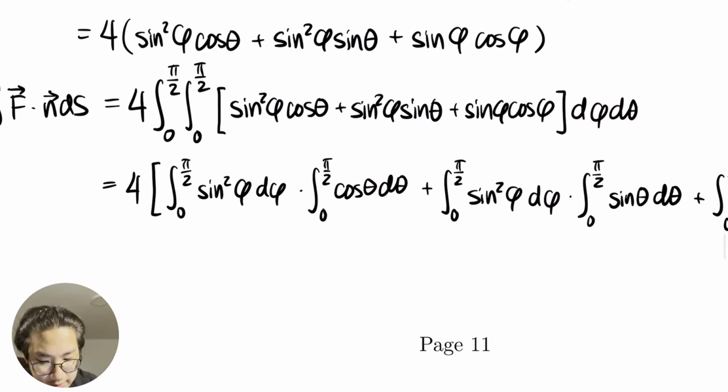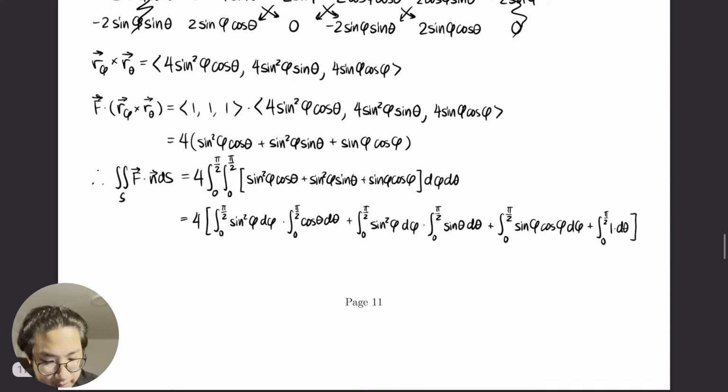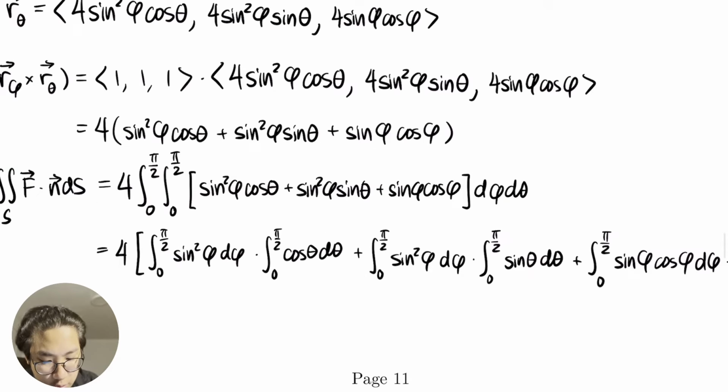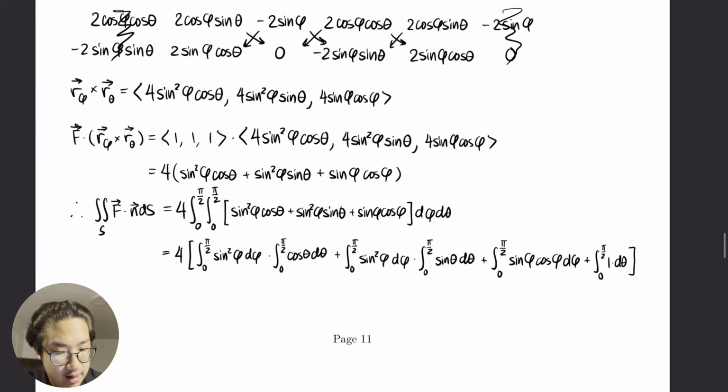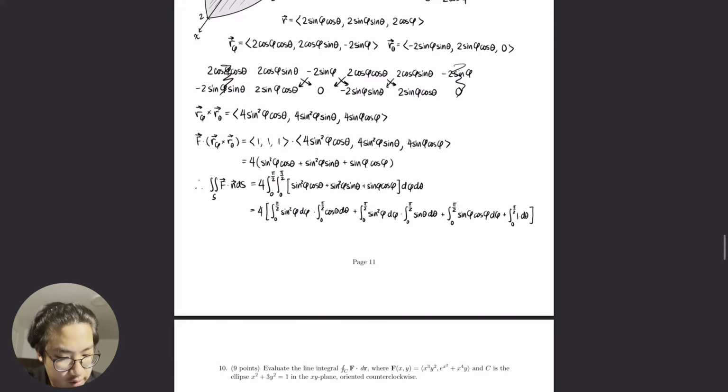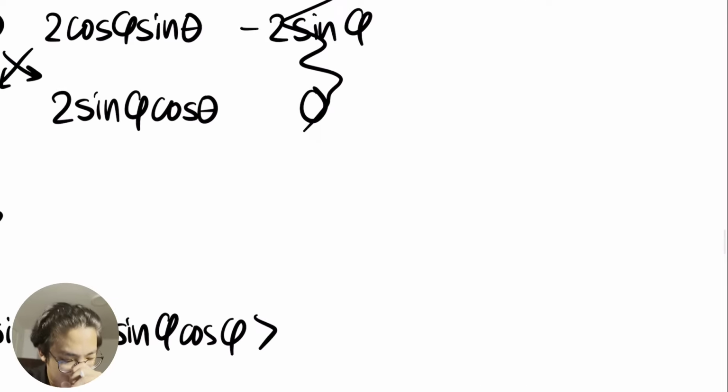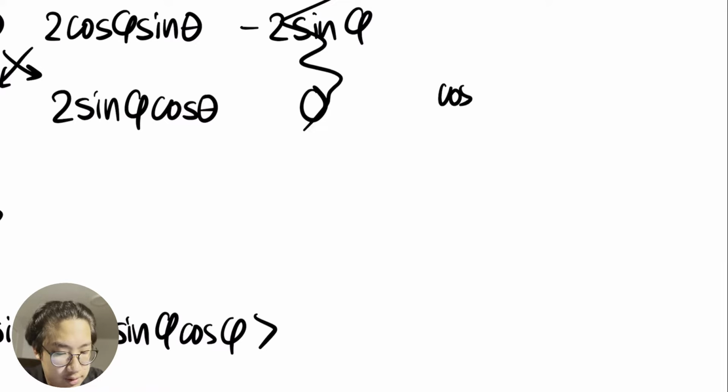Okay, so now we can evaluate each of these individually. This right here is a really common integrand that you will see, sine squared phi or sine squared of something. I'll quickly write on this side over here. So we use the cosine double angle identity: cos of 2x is equal to 1 minus 2 sine squared x.